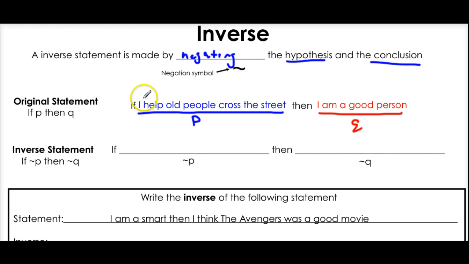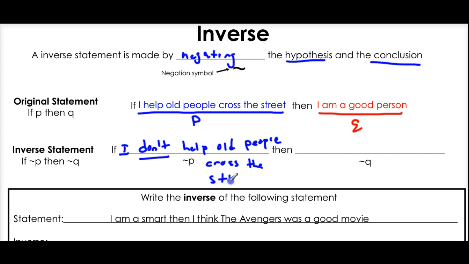So for this example, if I don't help old people cross the street, then I am not a good person.